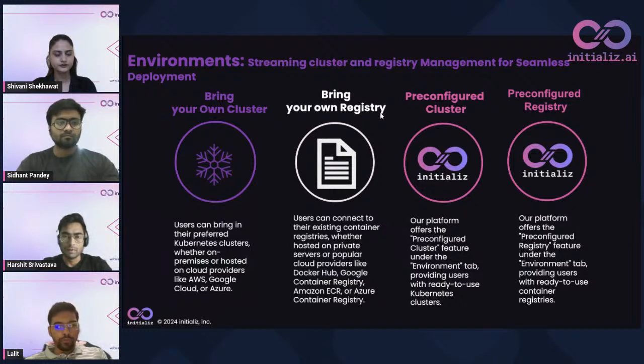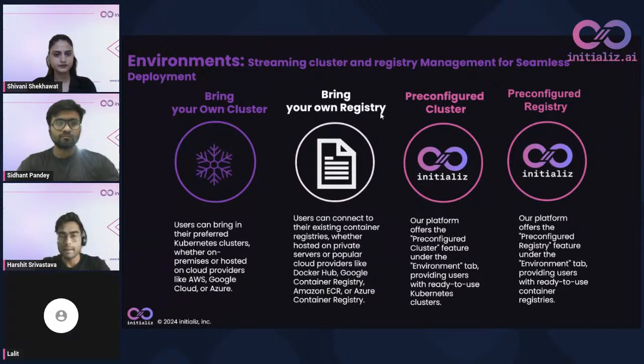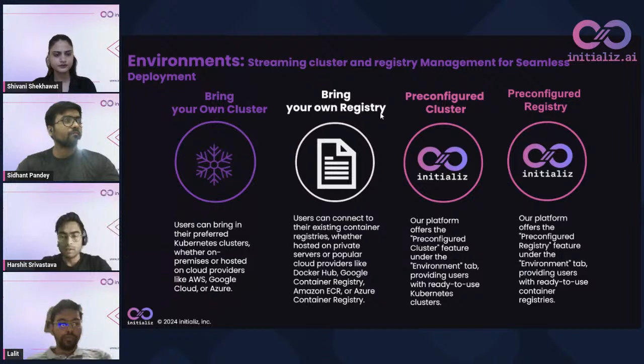So now, our primary functionality is to provide users the ability to deploy their app on our platform. We are providing the clusters for the Kubernetes service, and this is where the pre-configured registry comes to play its role. The basic role is that we take the code from the user, create the image, and store the image into the registry.